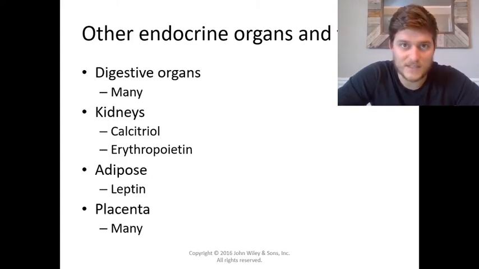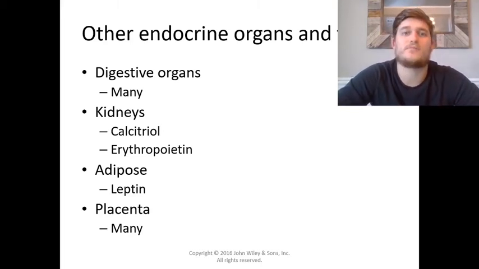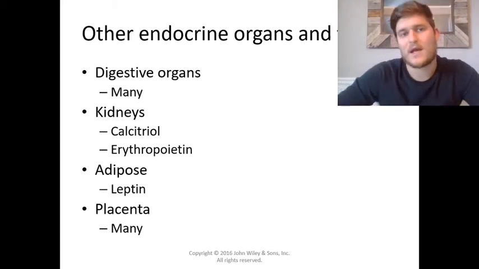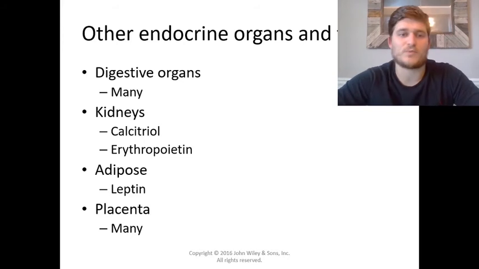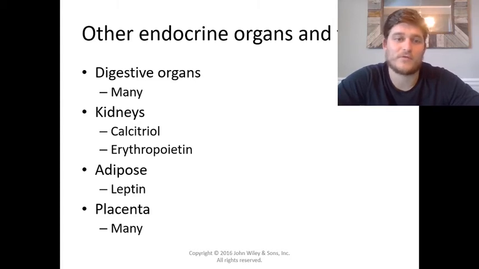Many of the digestive organs will create enzymes to break down food, but can also produce signaling hormones in order to influence the activity of the digestive system. The kidneys will produce what's called calcitriol, which influences our calcium levels, and also erythropoietin, otherwise known as EPO, which is responsible for the production of our red blood cells.